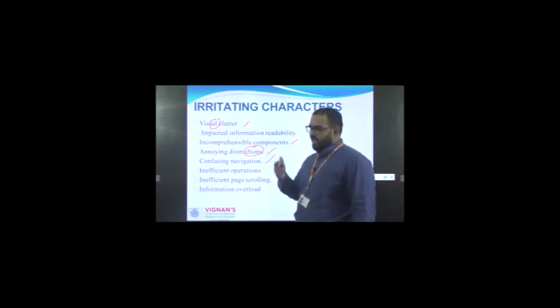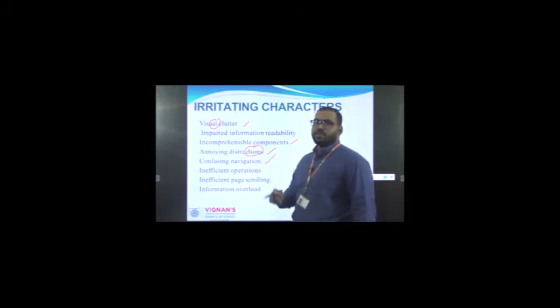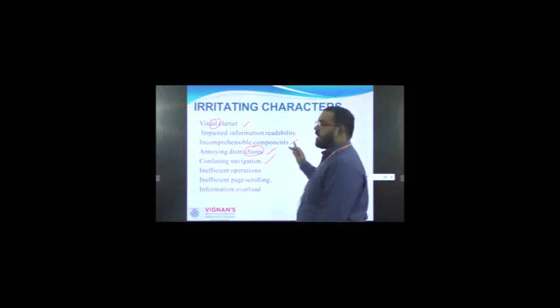Navigation means you will be navigated from one page to another page in a proper order. If the navigation is not in a proper order, suppose you click on the home button, it should go to the home page. If you click on home and it goes to some other page, that definitely will create irritation for the user.